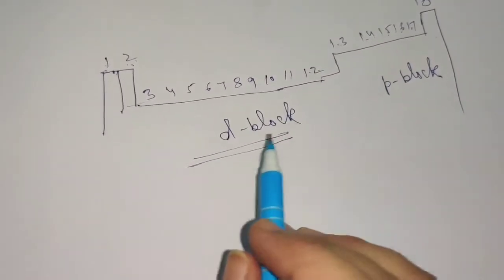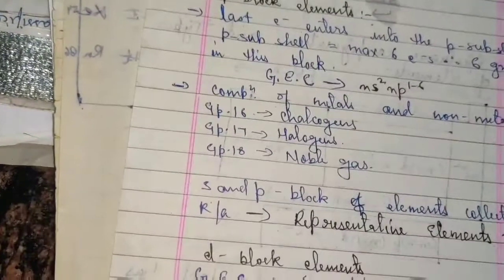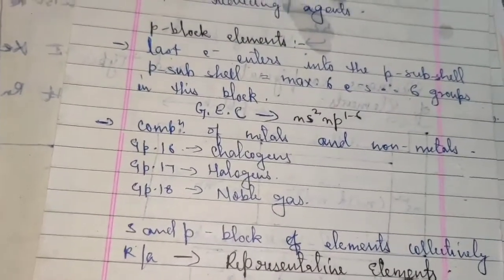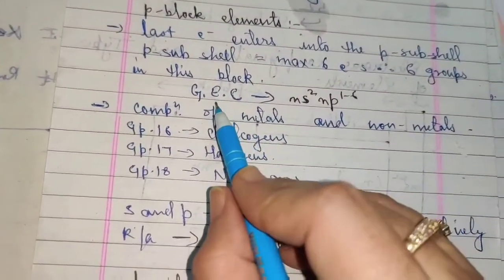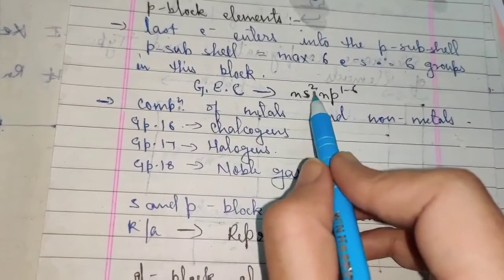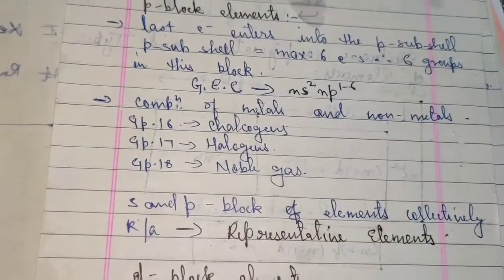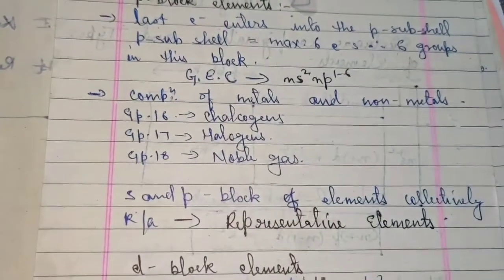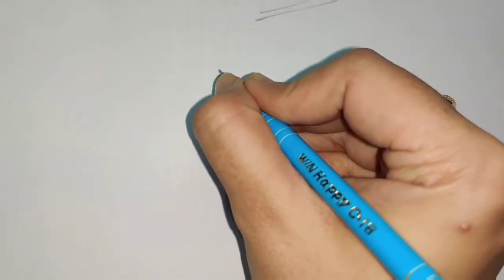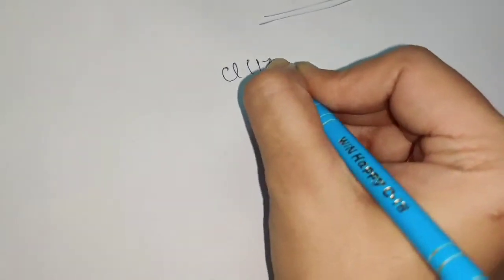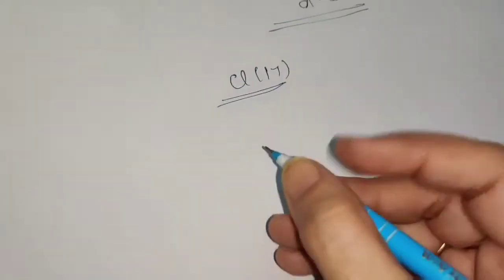So continuing with this, now the general electronic configuration of P block is ns2 np1-6. Again, take up an example. Suppose I take an example of chlorine here, atomic number 17. It is a P block element.